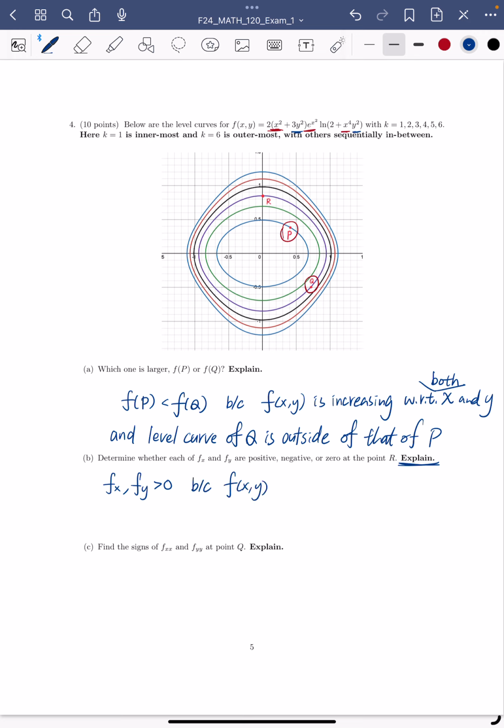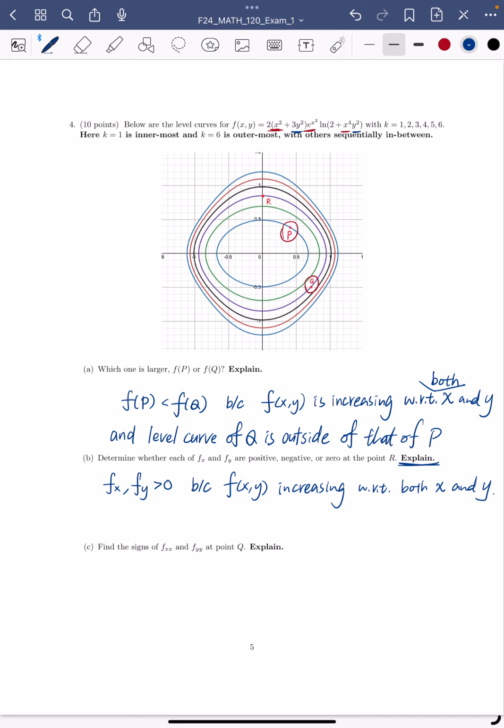So f of x y there, this function is increasing with respect to both x and y. Right.